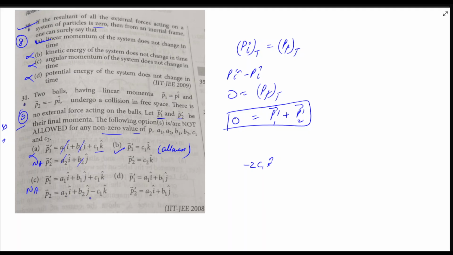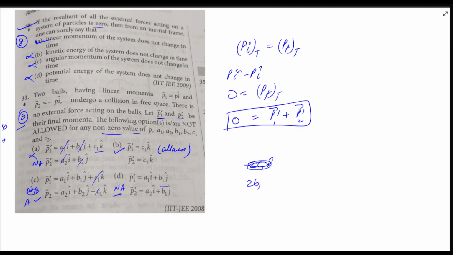Hmm, okay, no, no, no. C1 minus C1, so they will get cancelled in this. So this is allowed. A1 equals minus A2, right? B1 equals minus B2. It's possible, and this C1 also got cancelled. So this is also allowed. What about D? In D, B1 plus B2 becomes 2B1, which is not allowed.